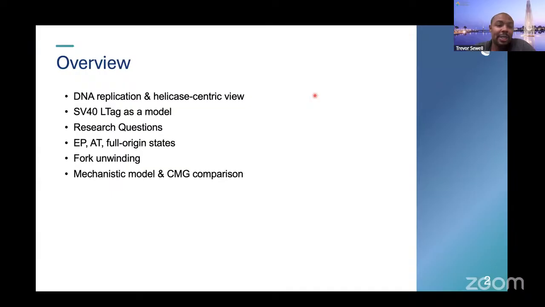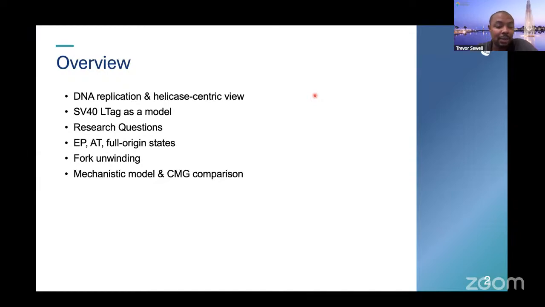I would start with a brief overview on DNA replication and how this process is centered around helicase. And then I will introduce SV40 virus and specifically the LTAg helicase and why it is a suitable model for DNA replication.